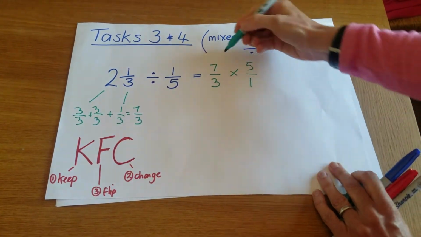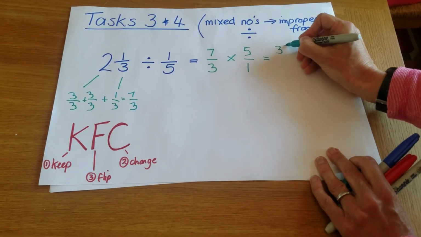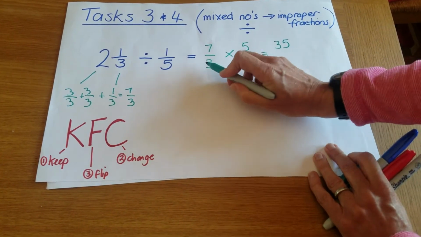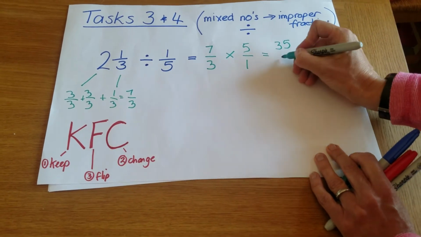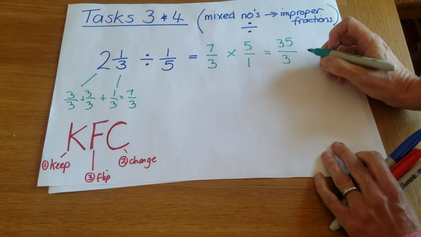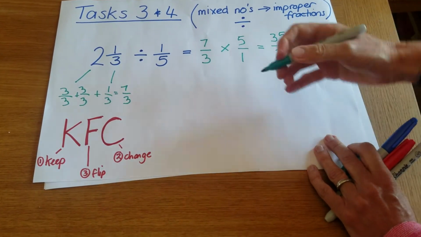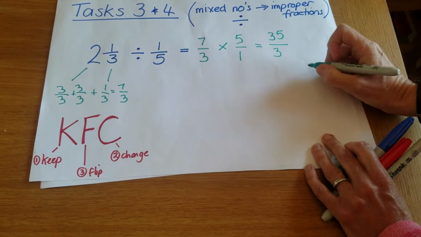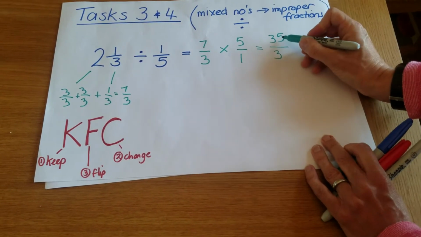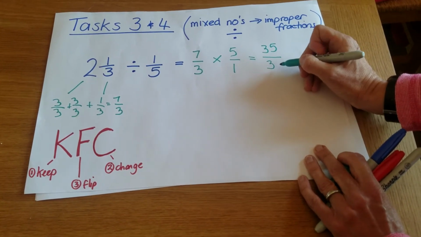Fantastic. So now we've got 7 times 5, which is going to give me 35. 3 times 1 is going to give me 3. Now that's a big fraction, 35/3. So what I've got to start doing here is seeing if I can get this back into a mixed number. So I've got 35 divided by 3 is going to be 11.